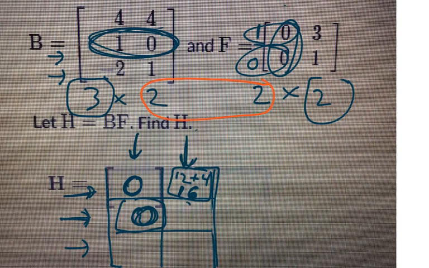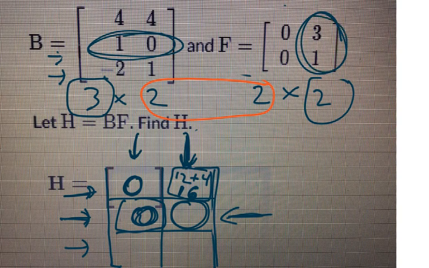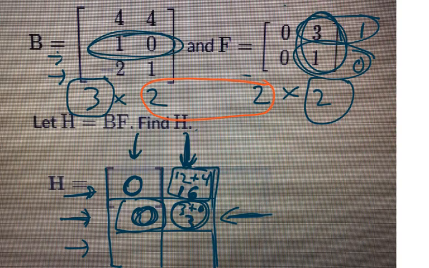Okay? Let's do this one here. Notice this one's the second row, second column. So I'm going to take the second row with the second column. I'm going to line up the 1, 0 over here. Notice 3 times 1 is 3. 1 times 0 is 0. 3 plus 0 is 3.